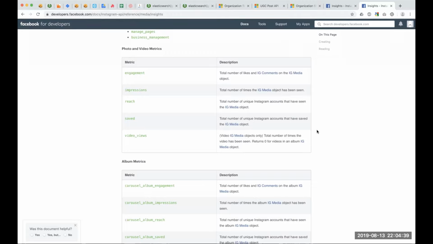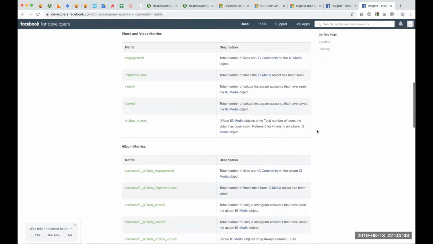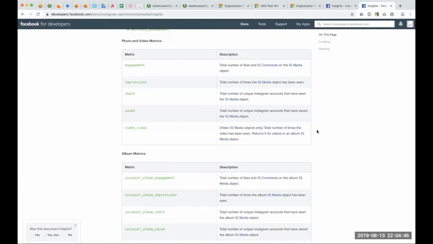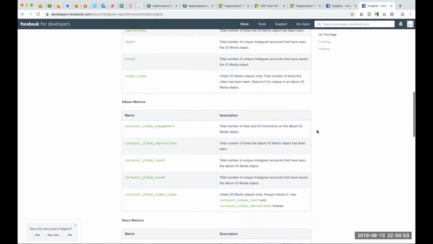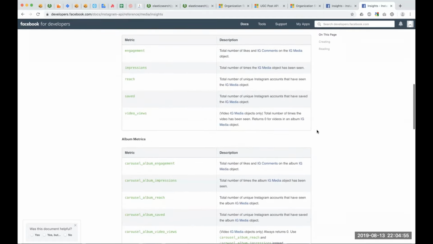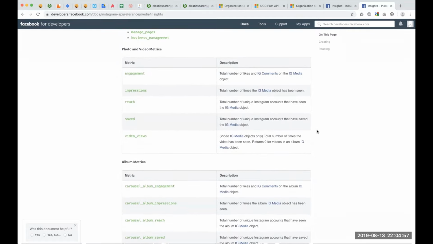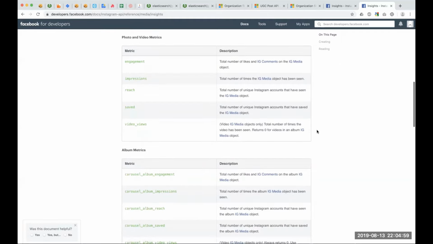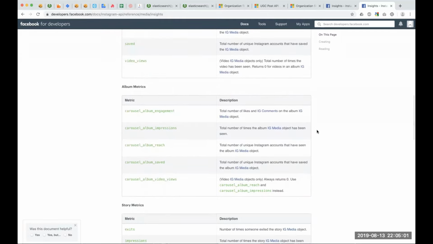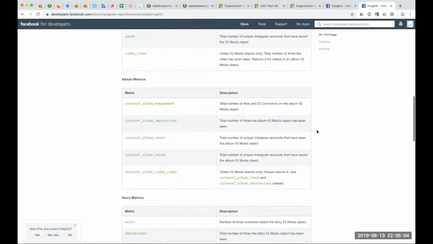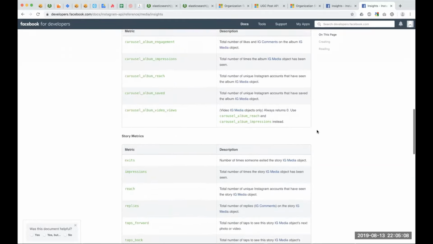So again, as opposed to Facebook video insights, which have a myriad of metrics, in Instagram you have video views. So that's about it. All of these metrics are equivalent, photo and video for one thing, and carousel metrics are separate, but it doesn't really matter that much.